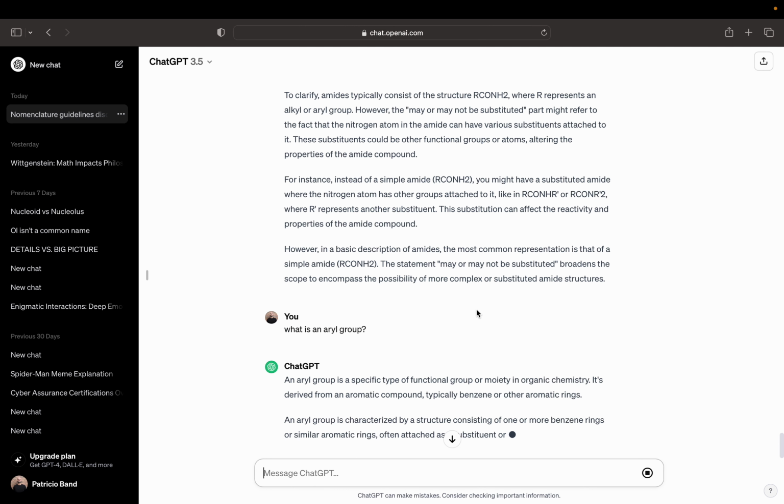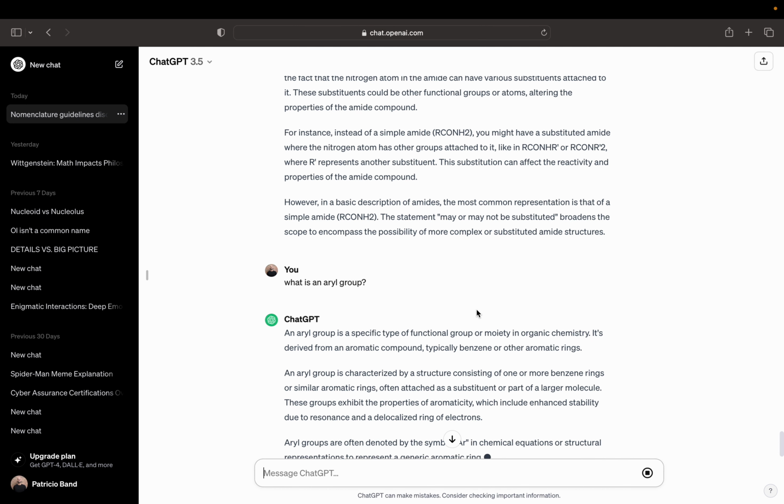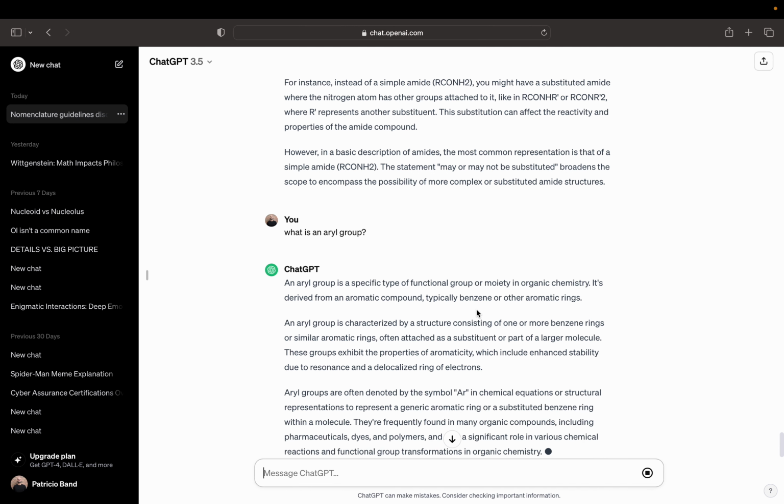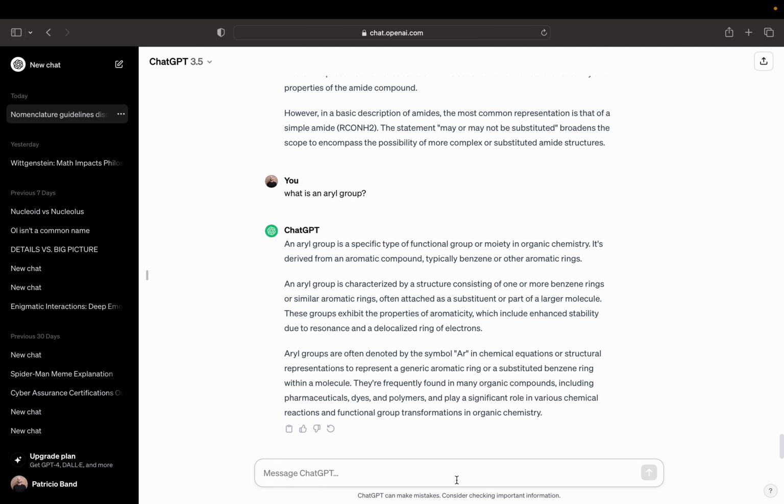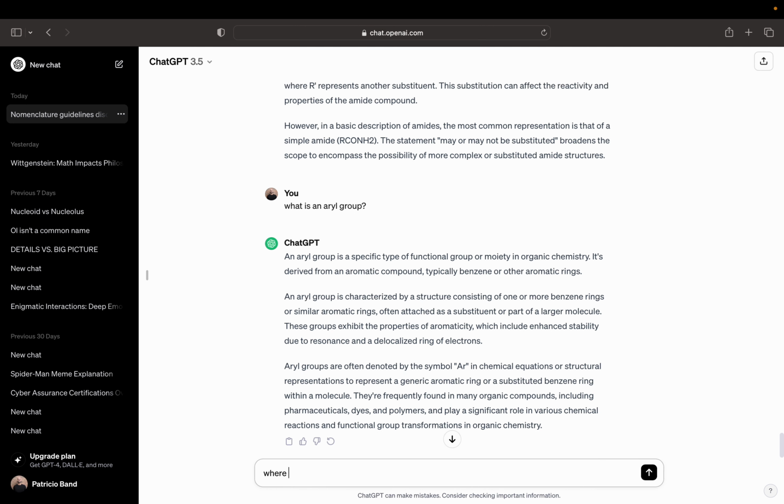What is an aryl group? Aromatic compound. Where do aromatic compounds or aryl groups rank in the order of functional group priorities?